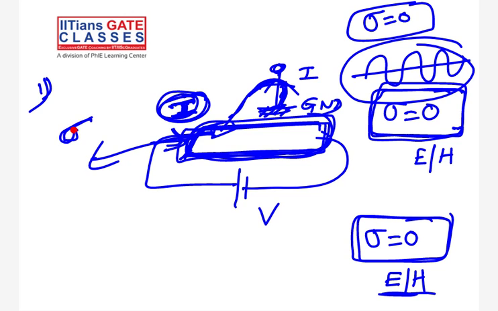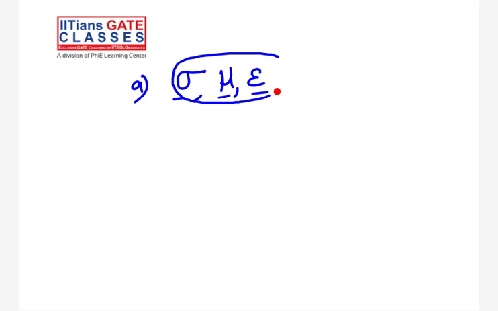If you consider any medium, I can summarize it right now. Electrically, it is characterized by three parameters: the conductivity, the permeability, and the permittivity. These three are the material constants which electrically define the parameters of the material. The first one is the conductivity.